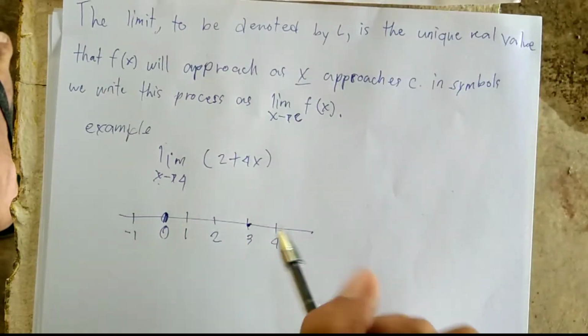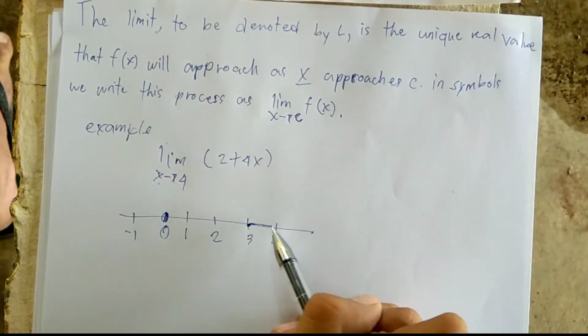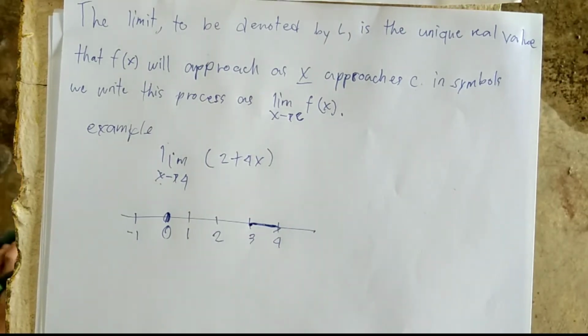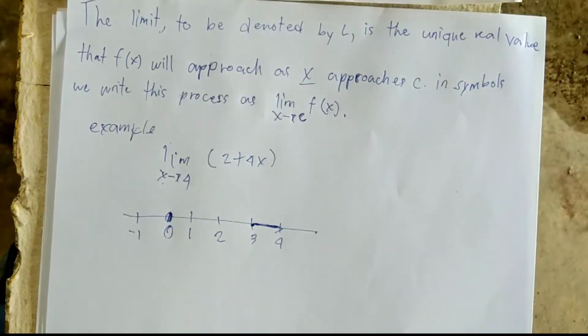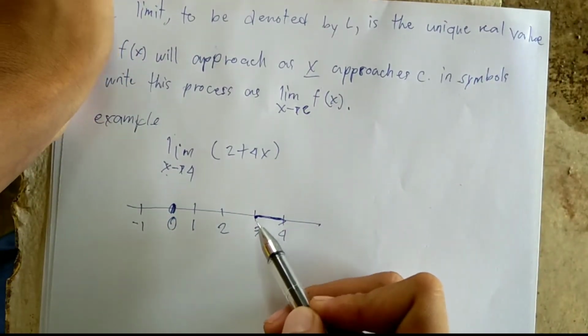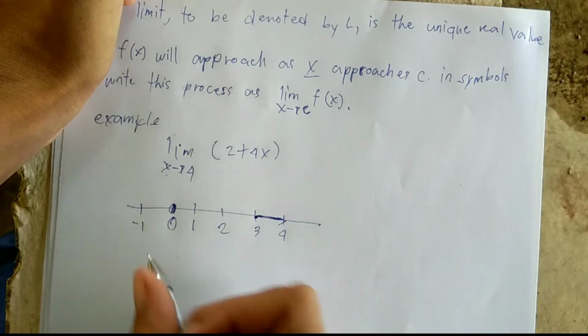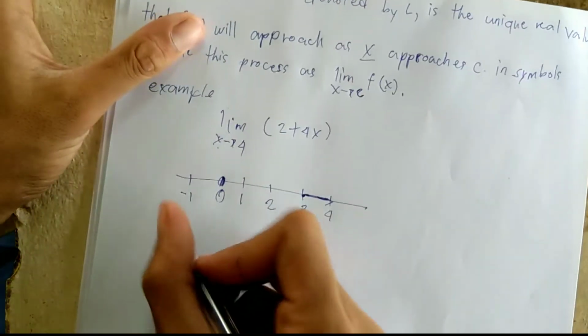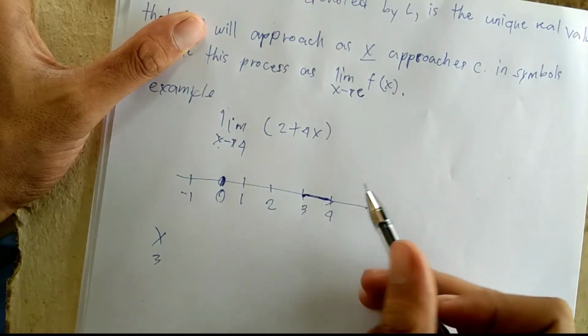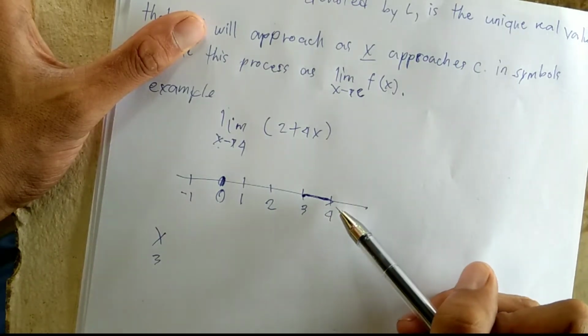Ito yung 4. So, ang napili nating value ng x is 3. So, papalapit siya sa 4.